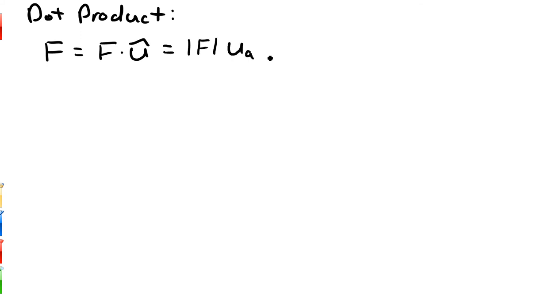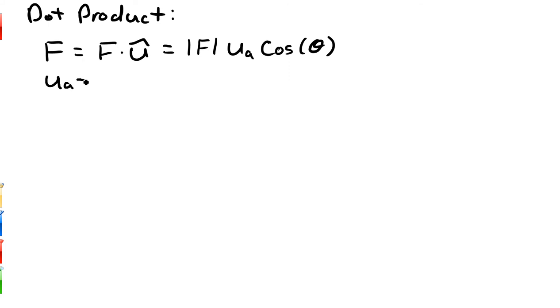I'd like to review a little bit of the dot product. So we have a force, and that's basically your F dot U, where U is your unit vector, and this breaks down a little bit farther into the magnitude of F with your unit vector and the cosine of an angle.